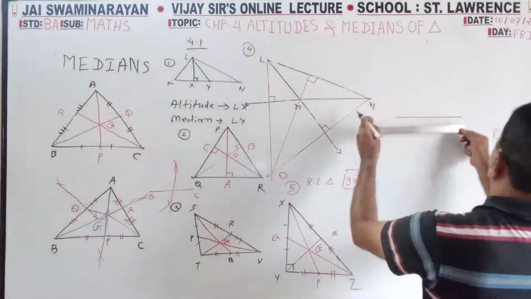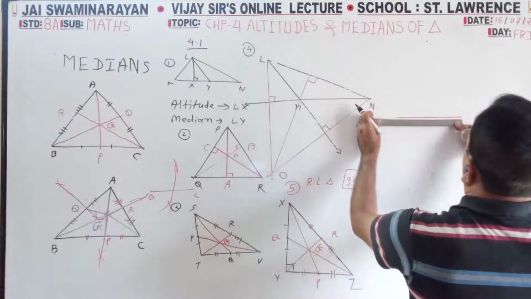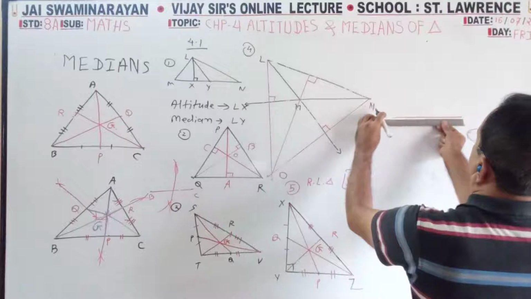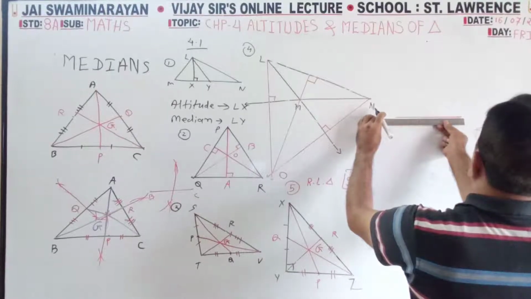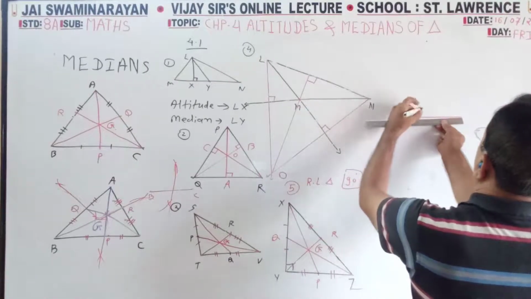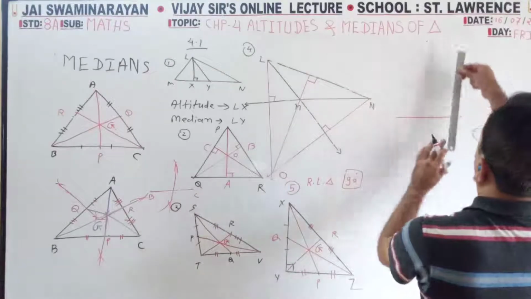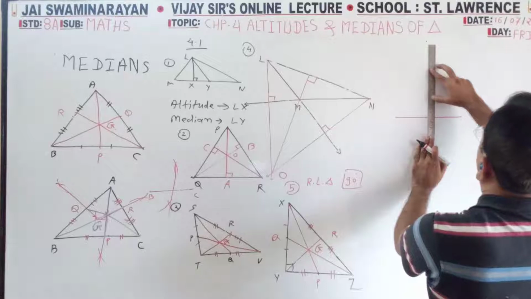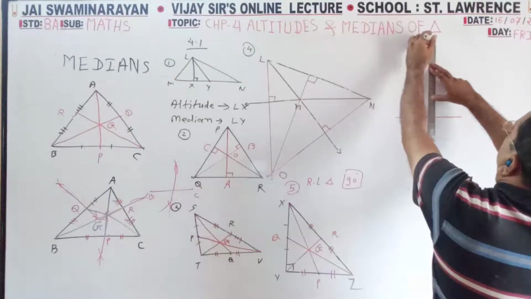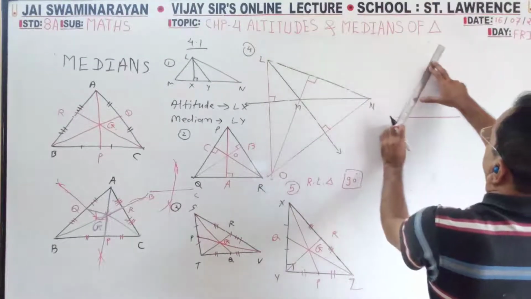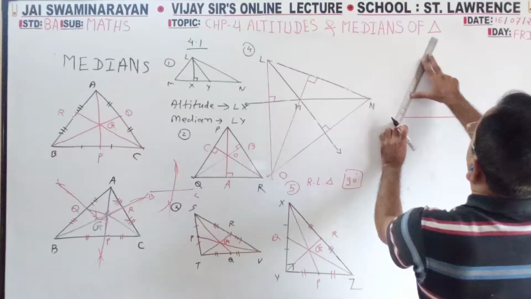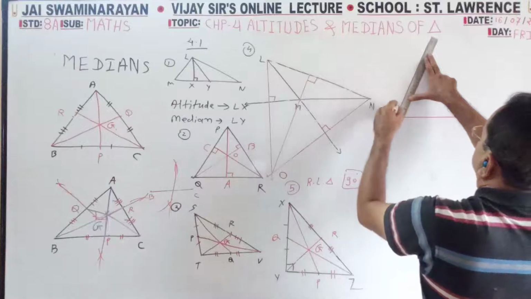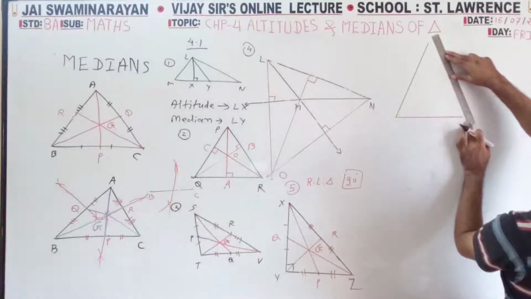Isosceles triangle, whose two sides are equal, it is an isosceles triangle. Again I will give how to do.